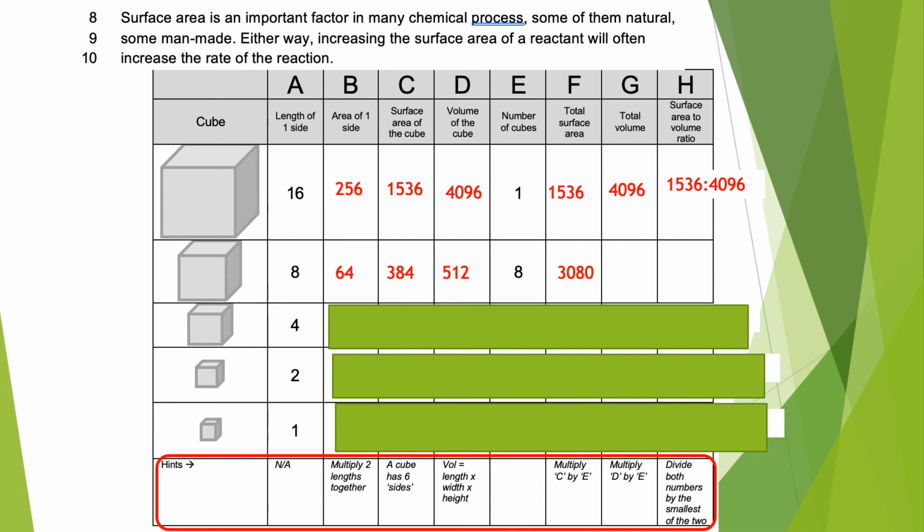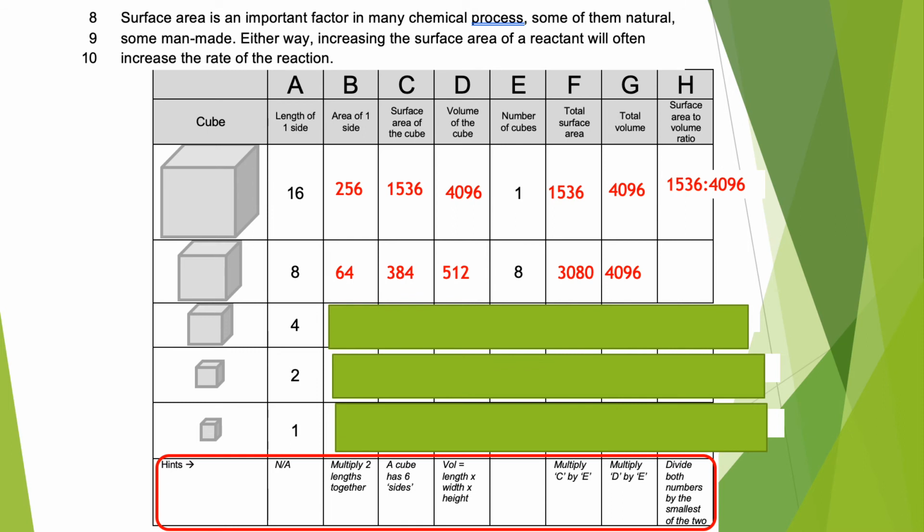Almost double what you had in the first one. So then what is the total volume? Same thing. The volume of one cube is 512, but you have 8 of them. So then your total volume is going to be 512 times 8, which is 4,096, which is the same as the first one, right? So essentially, column G should all be the same.